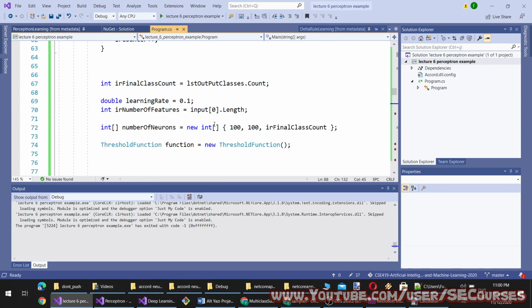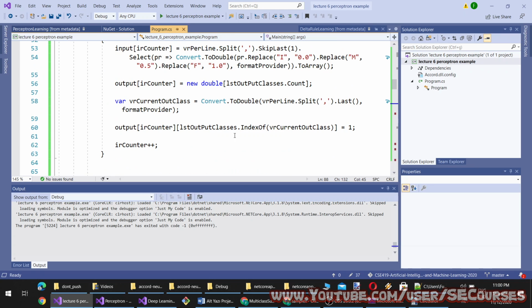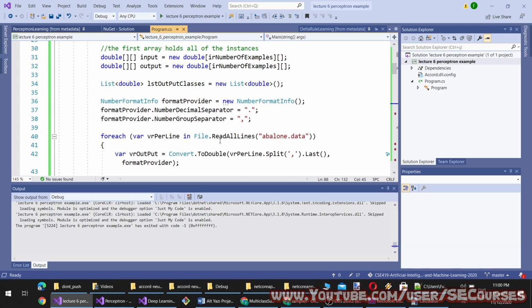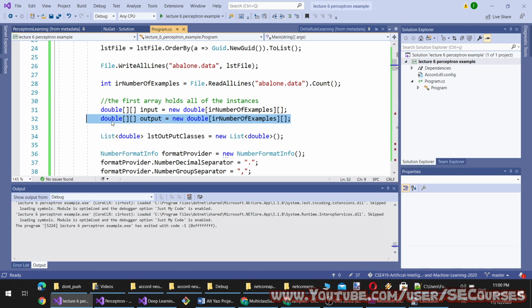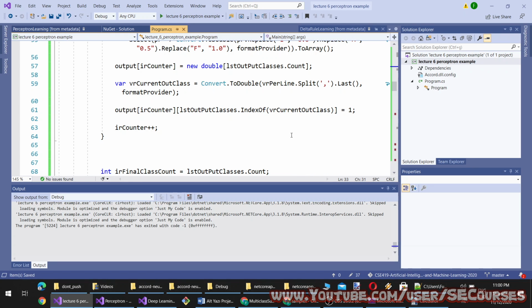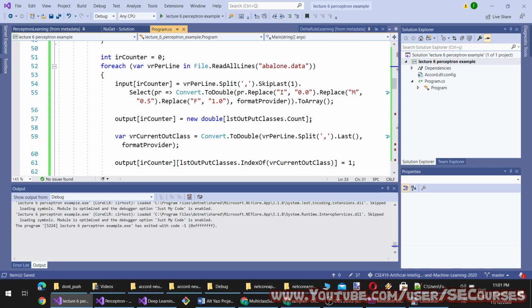So I'm going to change the output class to the previous one. Output 2, and output 2 will have the previous one.